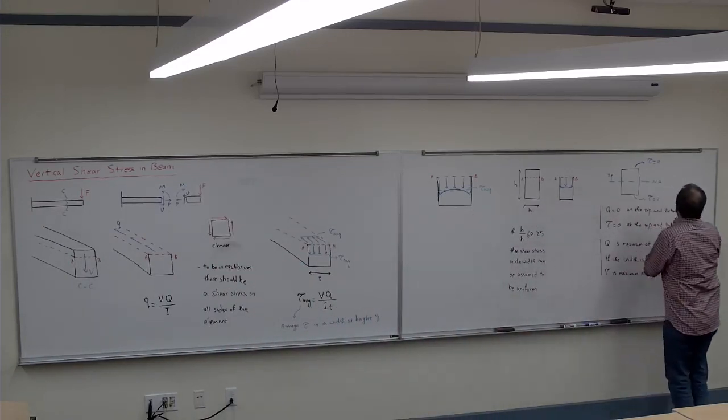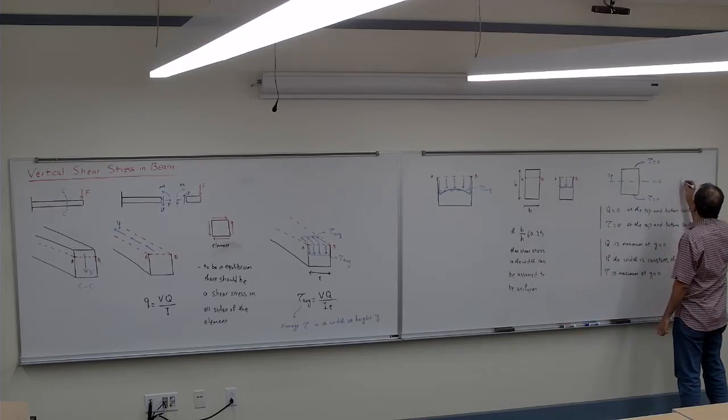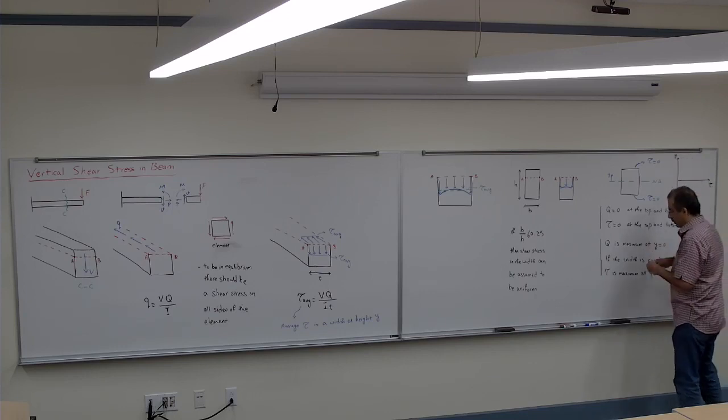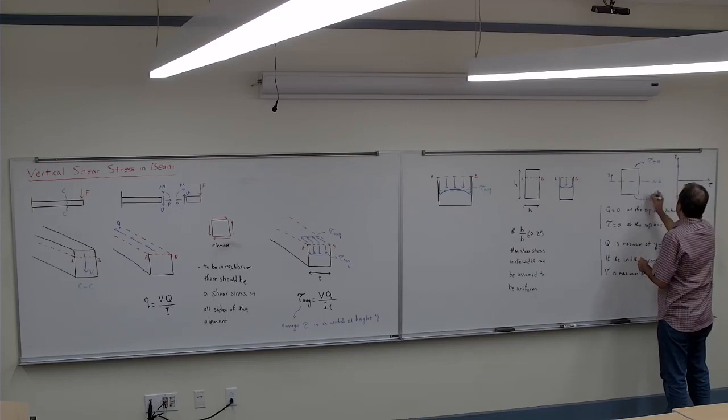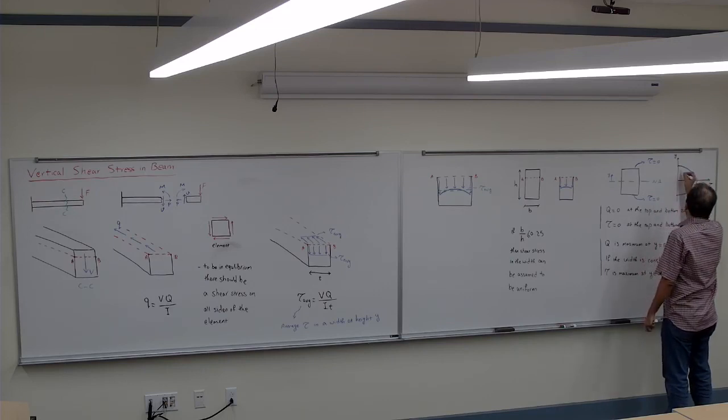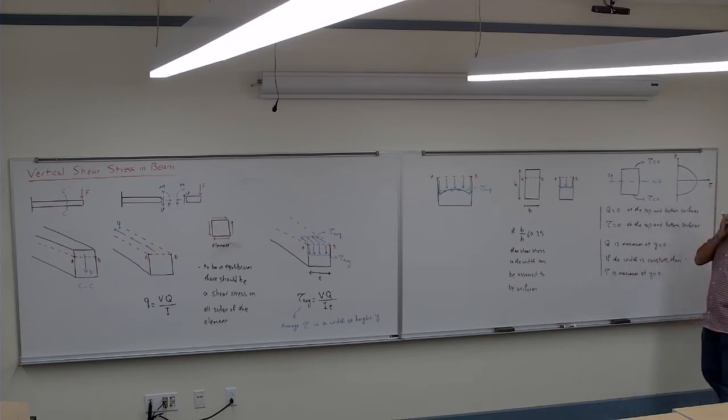So in that case, if I want to very quickly draw that, this is the tau, and this is the y. So the tau would start at 0 there, and end at 0 there. Along the width, it will change like that.